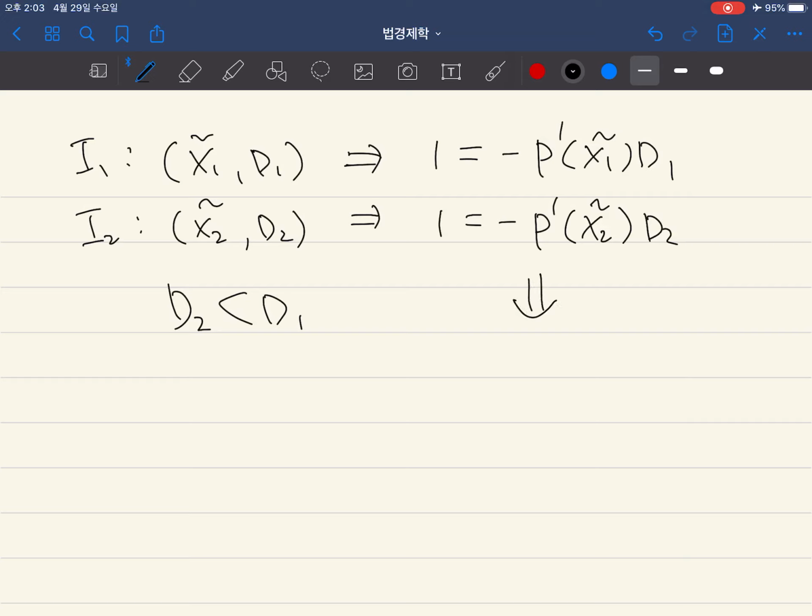If you compare these two equations, the left-hand side is the same, so the right-hand side must be the same as well.